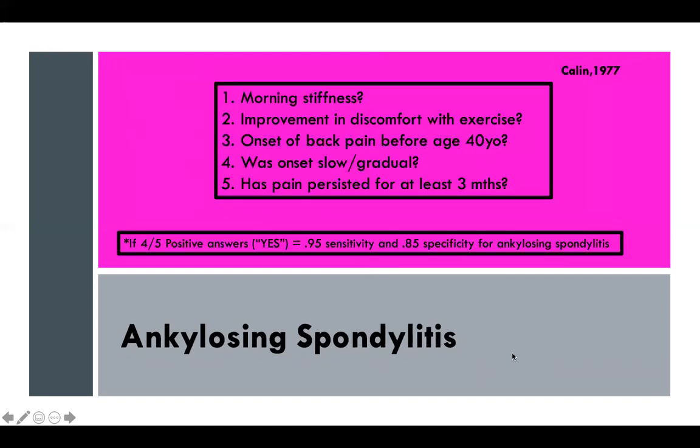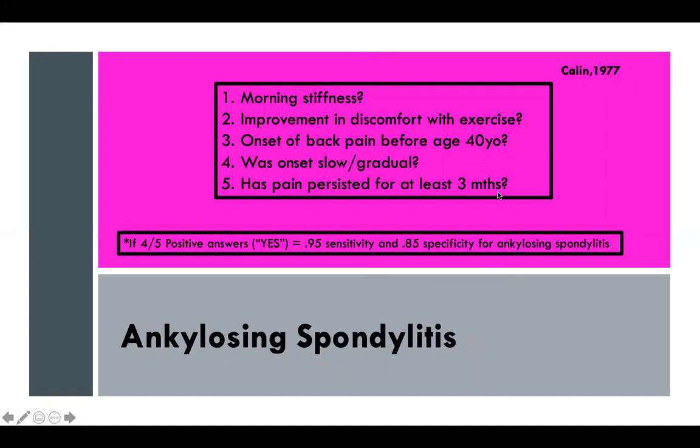I wanted to highlight here, it's a bit of an older study, but the data on specificity and sensitivity, I think, is quite robust. This cluster of signs and symptoms can be highly sensitive: if it's negative, rule out AS, and specific: if it's positive, rule in AS.